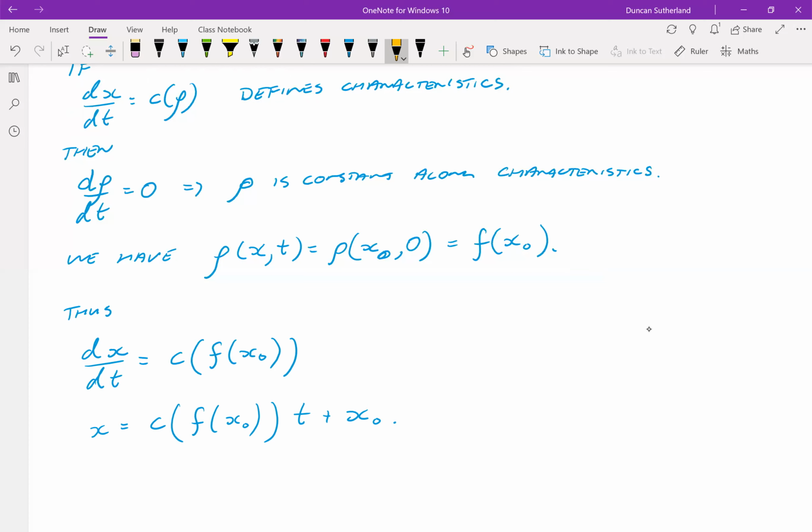So there's a couple of different cases you can get depending on your initial conditions. If your initial conditions are nice and beautiful, you'll get characteristics that are also nice and beautiful. You can get constant characteristics everywhere, or constant slope characteristics throughout the domain.